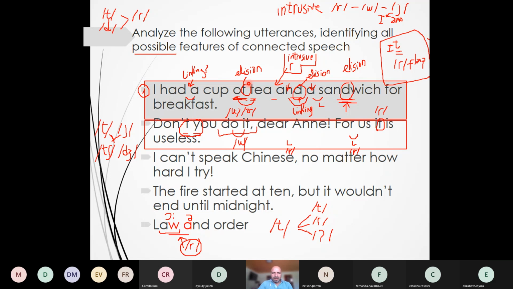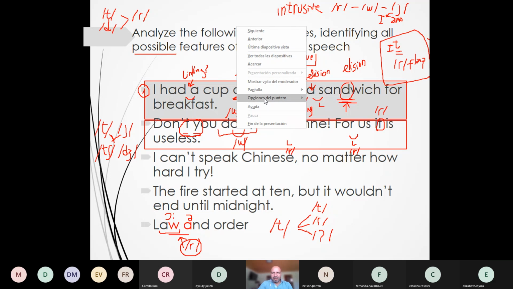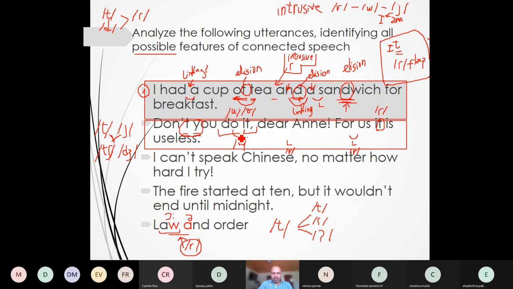Now, if you have heard speakers saying don't you, we already identified coalescence here, don't you? Many speakers in this second word use a schwa, right? Don't you? Do you all agree with this? Yes. Okay.